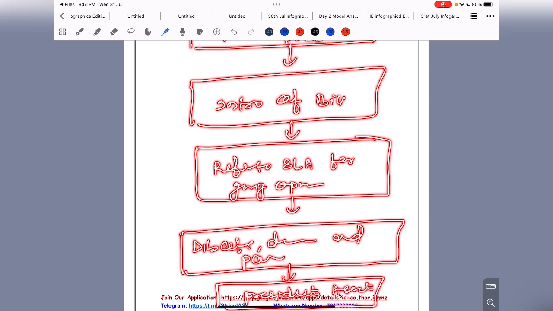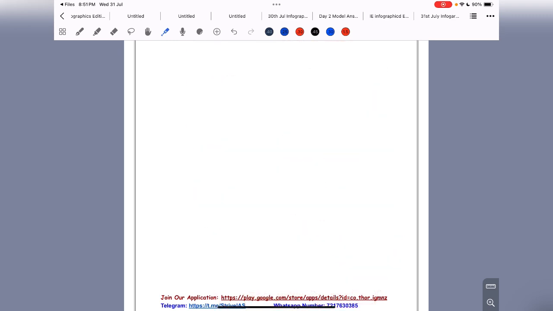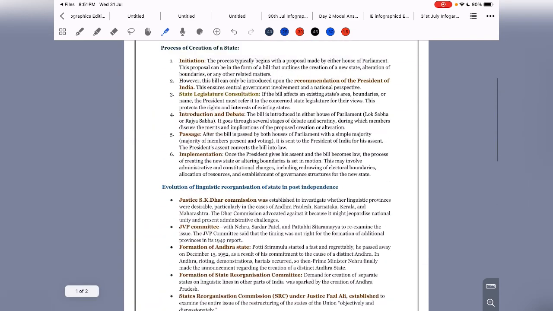Then the bill becomes an act. If you write your answer in this format, it will save a lot of time and make your answer more understandable, or easy, for the evaluator. When it is easy for the evaluator, then you will get good marks. Okay, so you can use the process or flow chart format to represent this much.